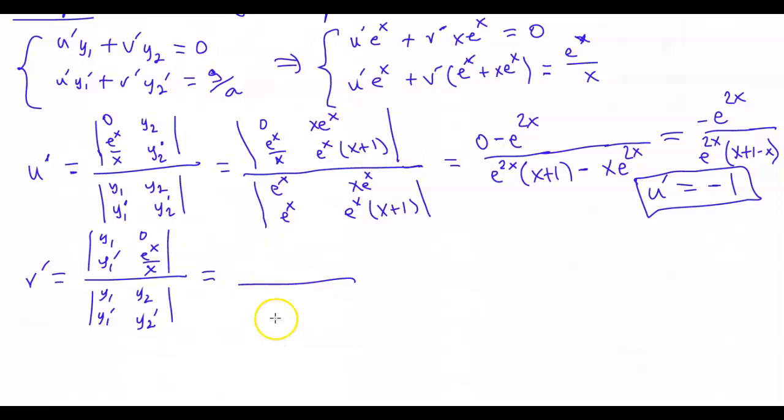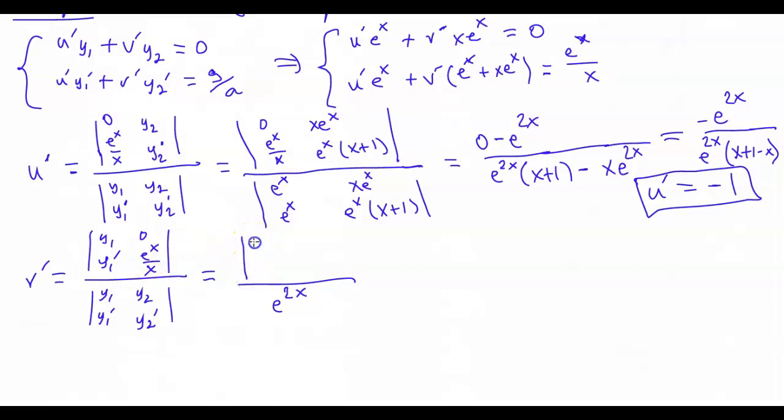So in the denominator here, we know that this just ends up being e raised to the 2x at the end of the day, because this x and that x cancels to 0. 1 times e to the 2x is just that. And then we'll just do the determinant for here.